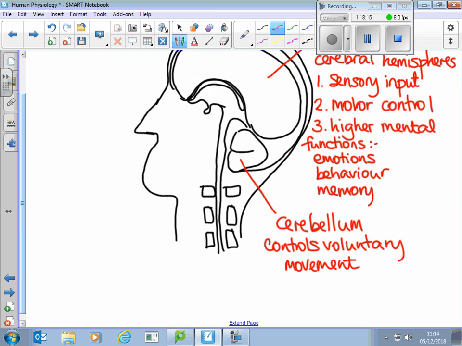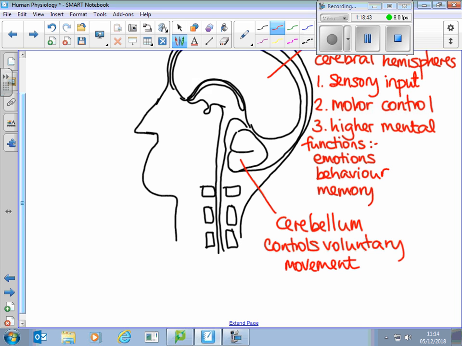But what they're having to do is to get the cerebellum to store sequences of movements and muscle contractions until they're automatic and they don't have to think about them. Because we don't have to think about walking, do we? So that's what's going on in there. Or even things like playing the piano, learning these automatic sequences. So the cerebellum is doing that for us.